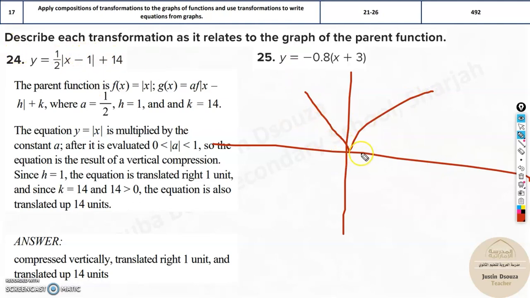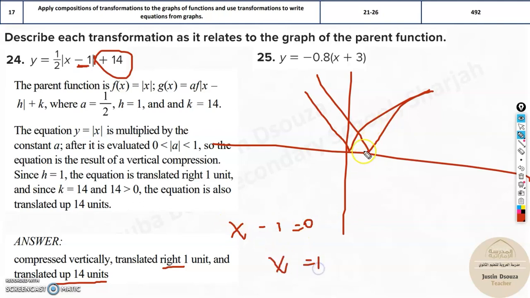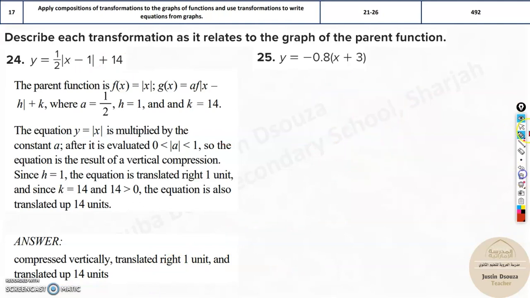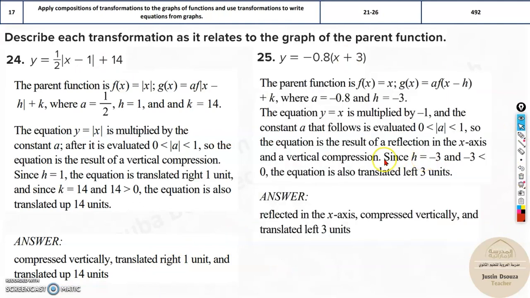If it is minus 1, it will move to the right. It will translate to the right side. Up and down is outside. This is translated up by 14 units. And since over here it's minus, you need to take the right. Plus becomes minus, because we have to equate that to 0, and it will be x equals positive 1. So it is translated right by 1 unit. This is the answer. Same way, please do the other ones.